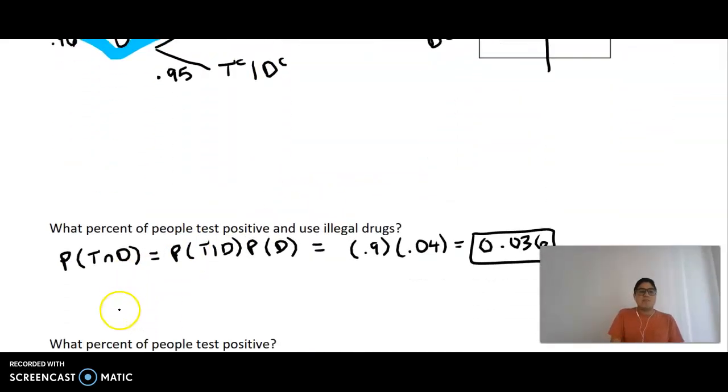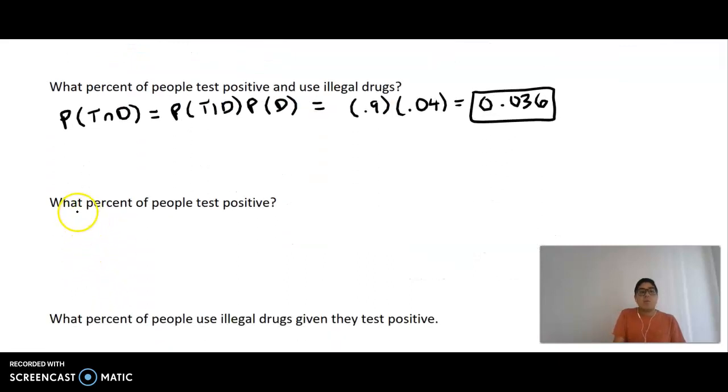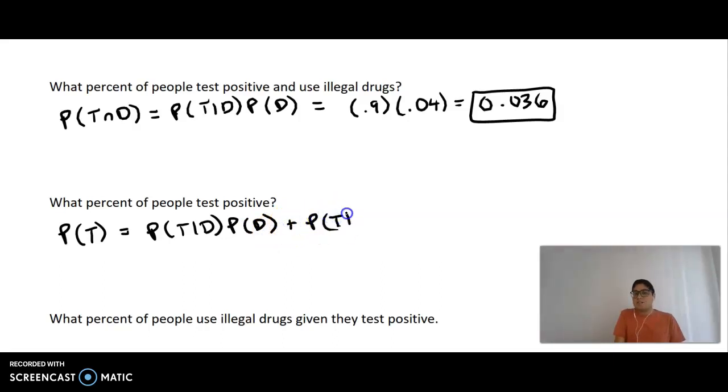So for us here, the probability of testing positive can happen one of two ways. The probability you test positive can occur if you test positive given you use drugs, and you have to be using drugs first, plus the probability that you test positive given you do not use drugs, assuming you do not use drugs here. Well, we already found this first branch here.